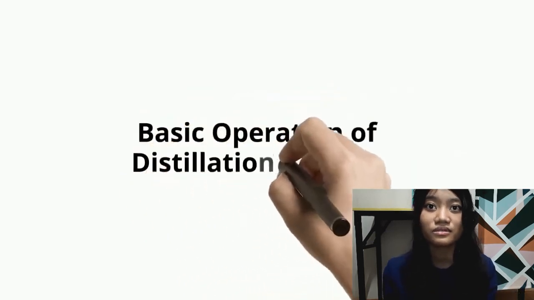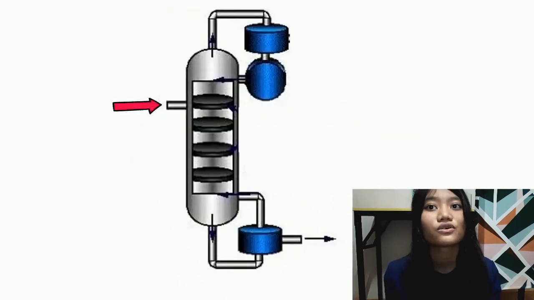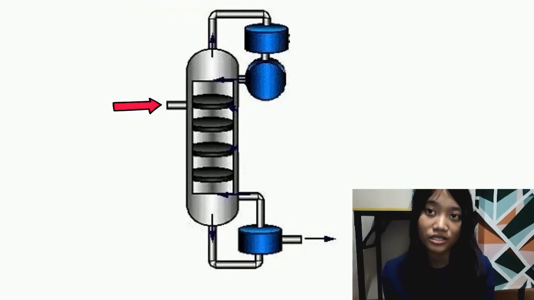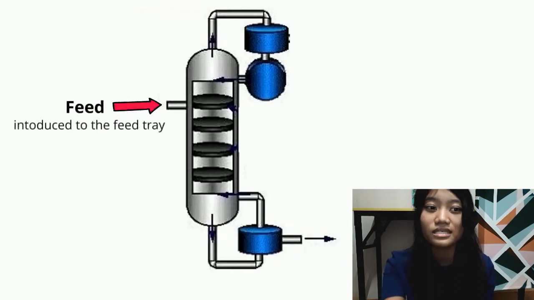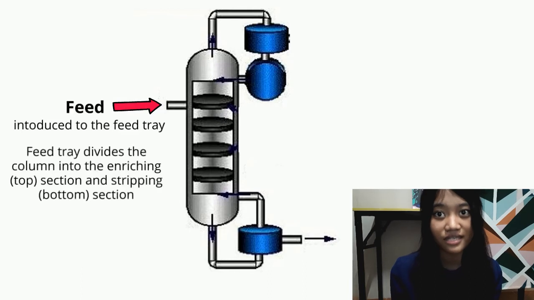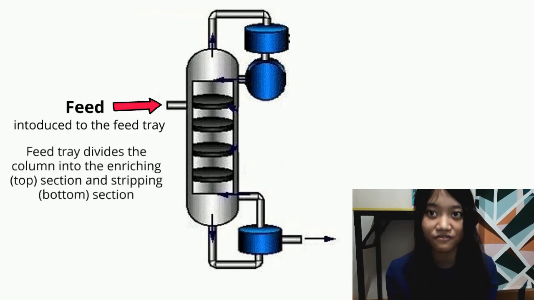The next one would be the basic operation of a distillation column. In a distillation column, the liquid mixture that is to be processed is known as the feed. It is introduced usually somewhere near the middle of the column to a tray known as the feed tray. The feed tray divides the column into a top section and a bottom section, which are the enriching section and the stripping section respectively.